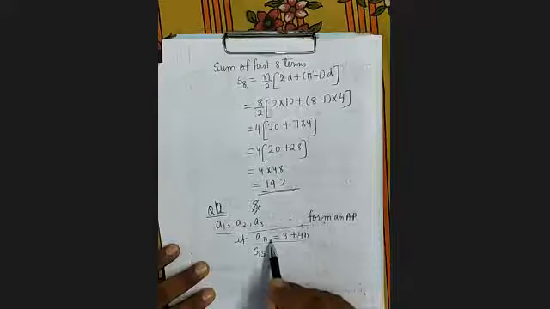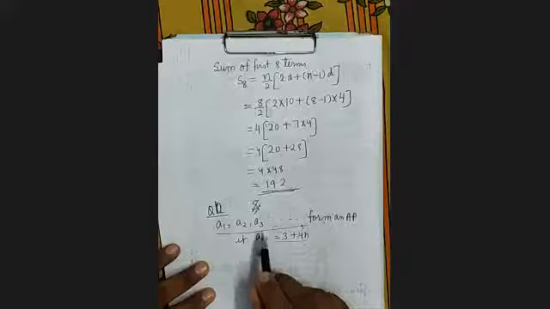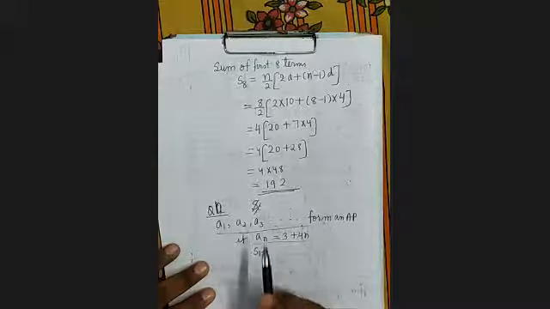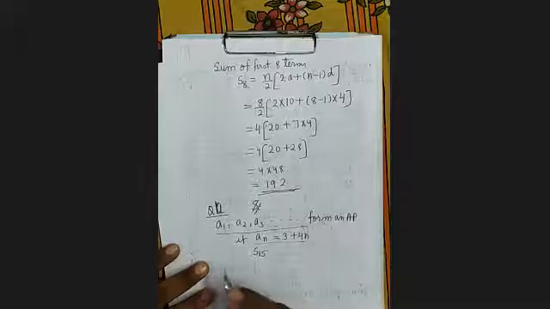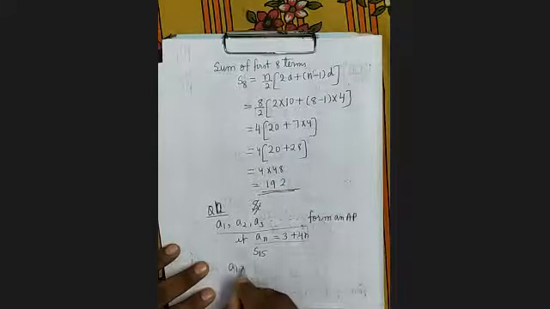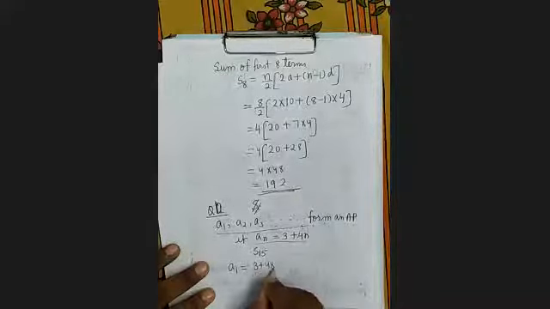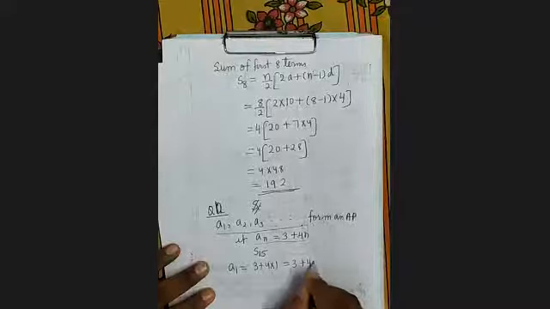So from here, by taking n as 1, 2, 3 you can find a1, a2 and a3. So what will be a1 here? 3 plus 4 into 1 equals 7.